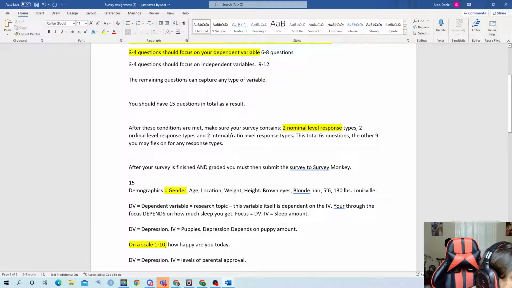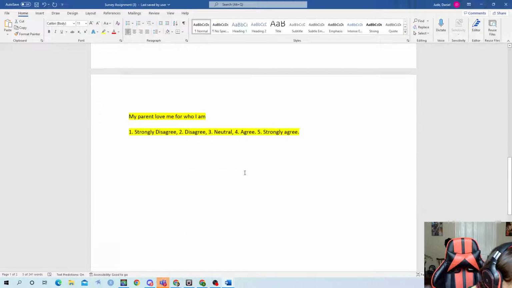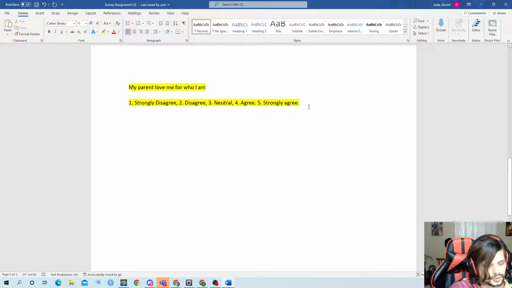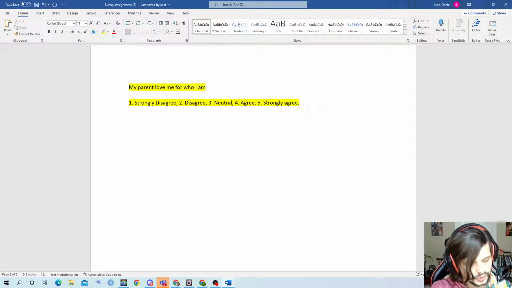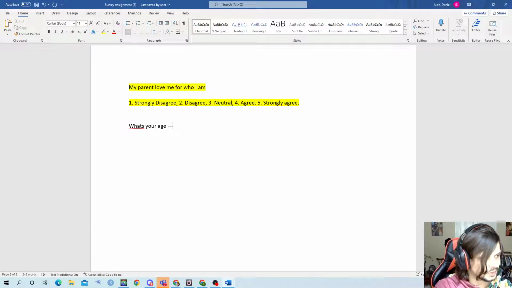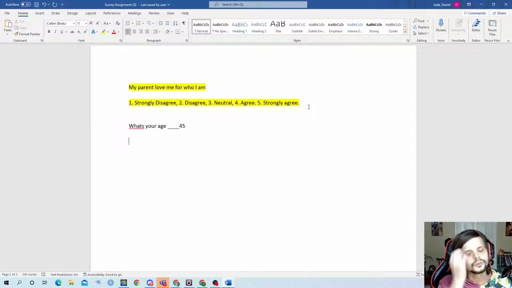And now 2 interval ratio level response types means you're going to ask them a question about numbers. So you could say, hey, what's your age? And then you can have them fill in a blank for this, right? You can just fill in a blank and be like, oh, they're 45 years old. That's interval ratio, because it's just giving you a raw number that has an equal amount of distance between each point.